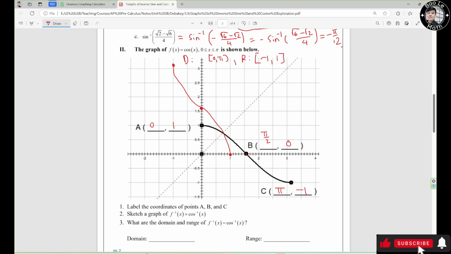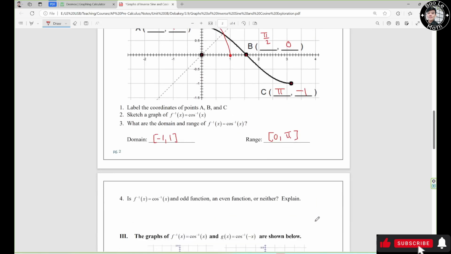Now we just grab this one, domain should be negative 1 to 1, and the range should be 0 to pi, right? Now question number 4. Is f inverse of s equals cosine inverse of s odd, even, or neither?